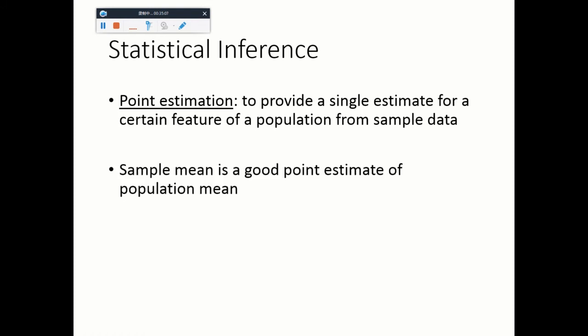It turns out that after extensive mathematical proof, it can be shown that the sample mean is a good point estimate of the population mean. This sentence might seem rather intuitive based on the words themselves, right?